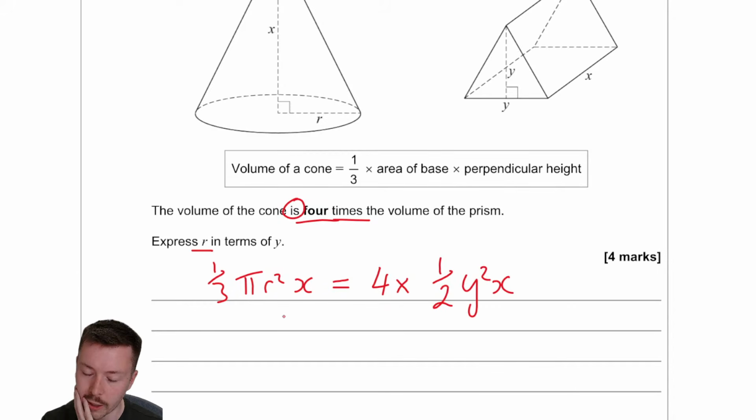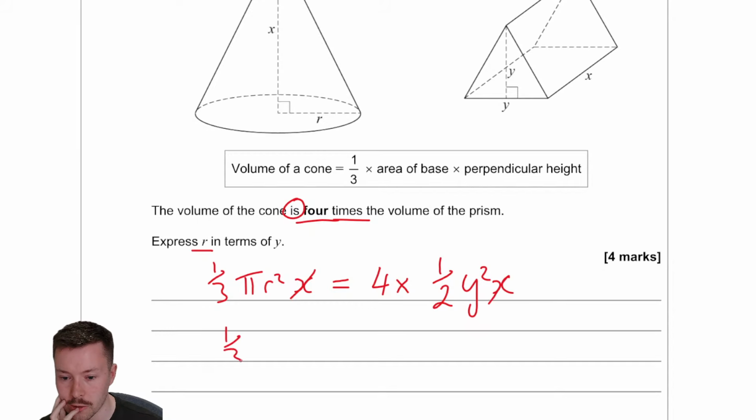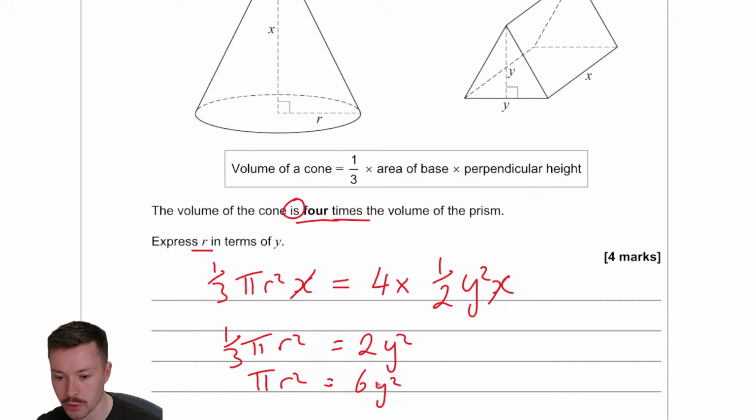Right, now I said substitute in. We don't need to actually, we can just divide by x and cancel this x out here. So 1/3 pi r squared equals 4 times 1/2, which is 2y squared. We need r in terms of y, so I'm going to times everything by 3 and get pi r squared equals 6y squared.